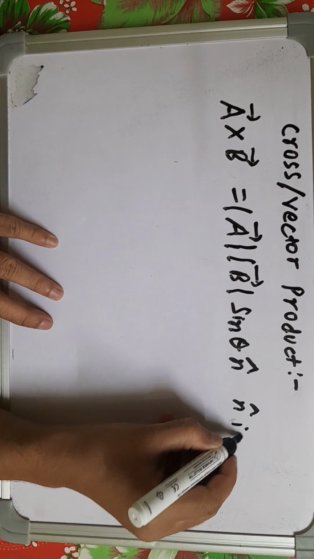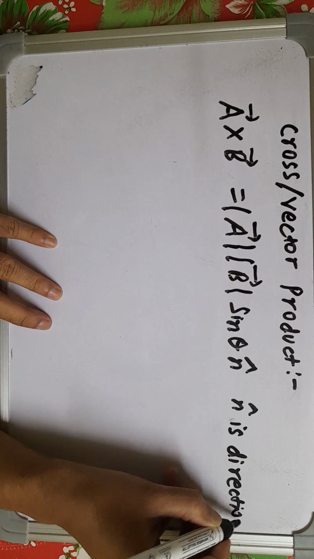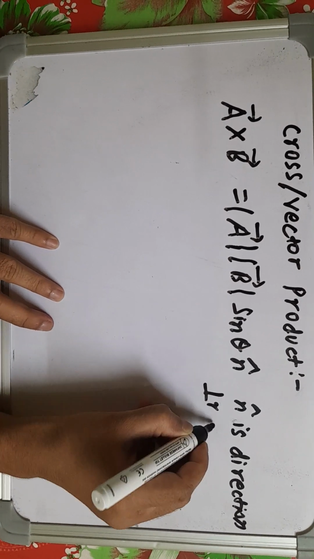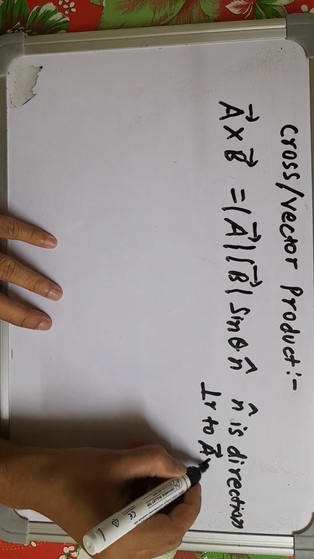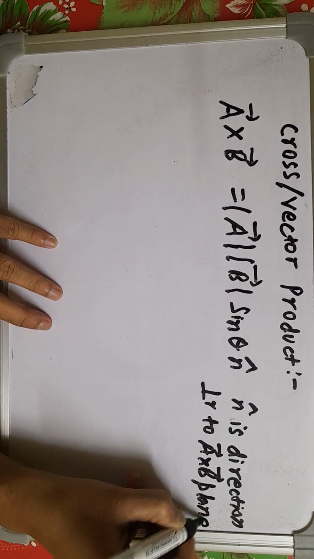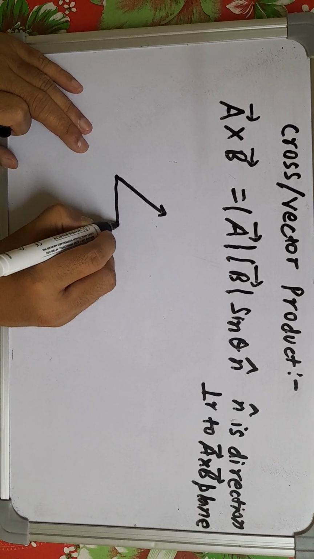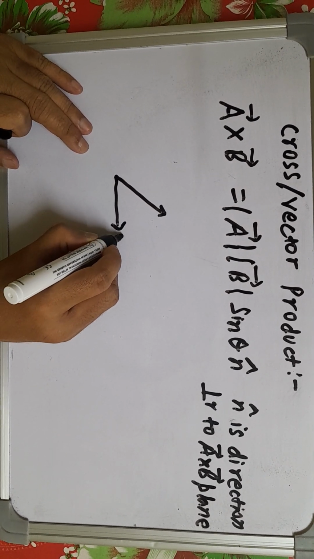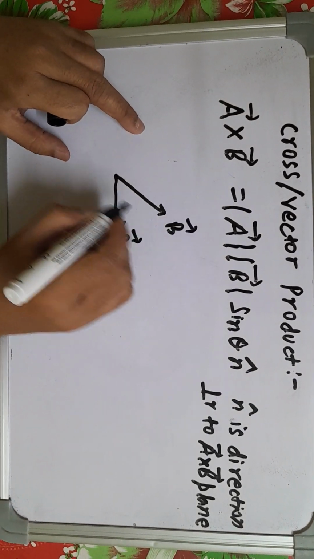Okay, as n cap is denoting the direction perpendicular to the a vector, b vector plane. Let us suppose this is the a vector, this is the b vector.